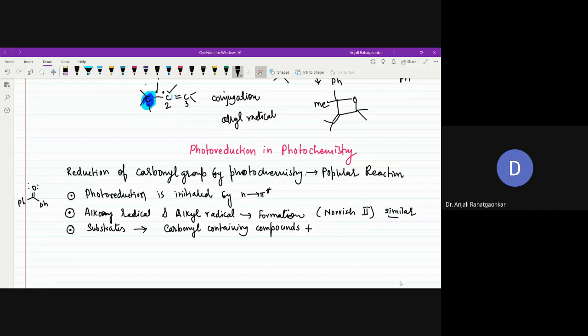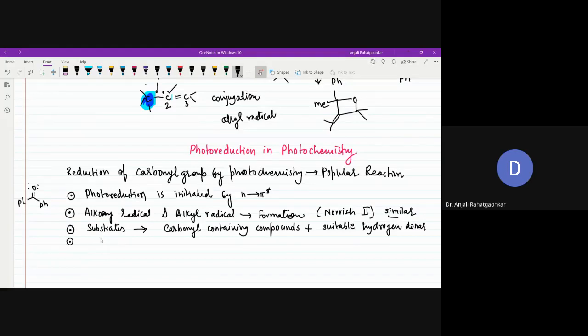The other substrate will be a suitable hydrogen donor. We'll see which type of substrate by structure. So the substrates are carbonyl containing compounds and suitable hydrogen donors. These are the substrates of your photoreduction reaction.